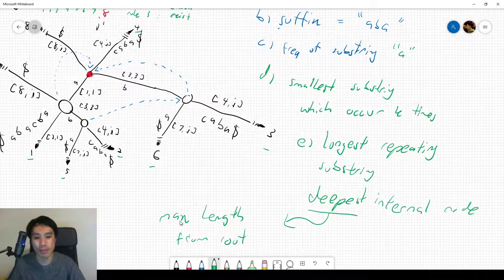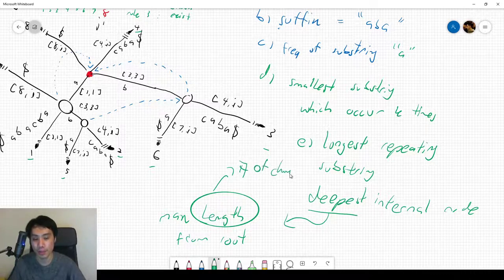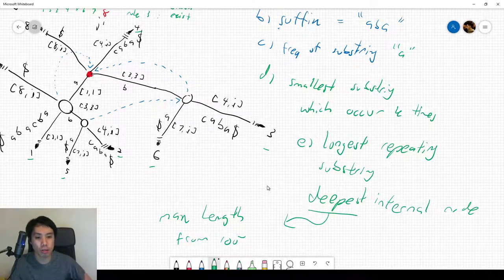So remember, maximum length from the root. When I say length, it means the number of characters, or the number of alphabets. This is what your A is. Okay, so let me finish it off.